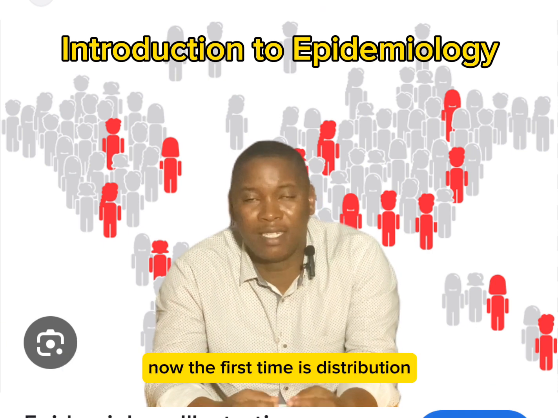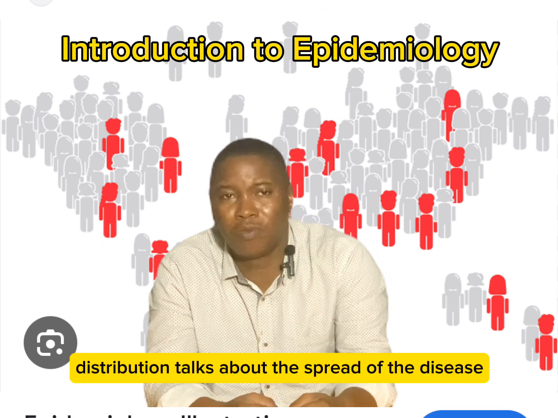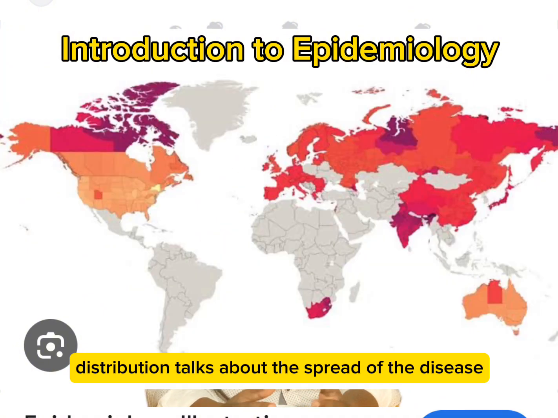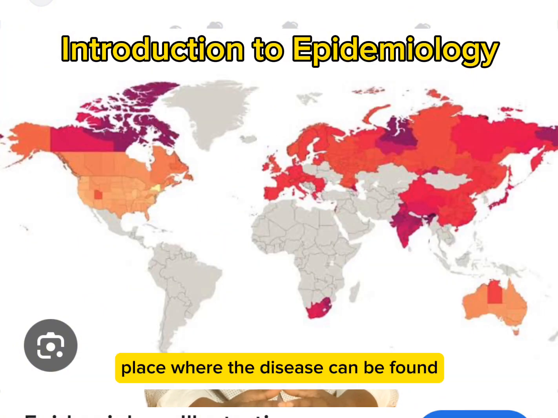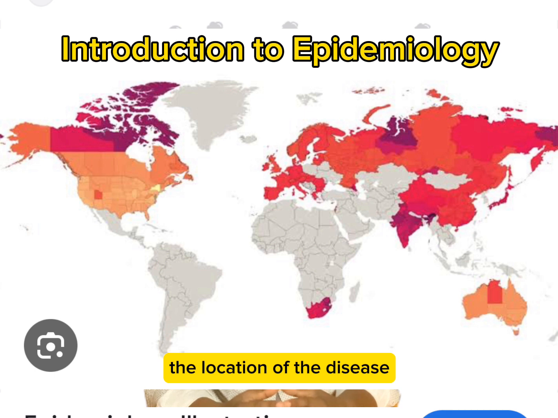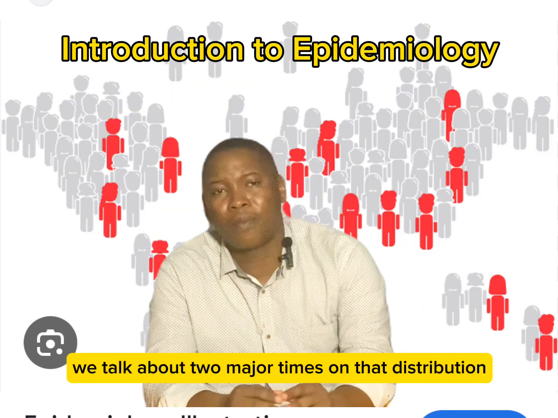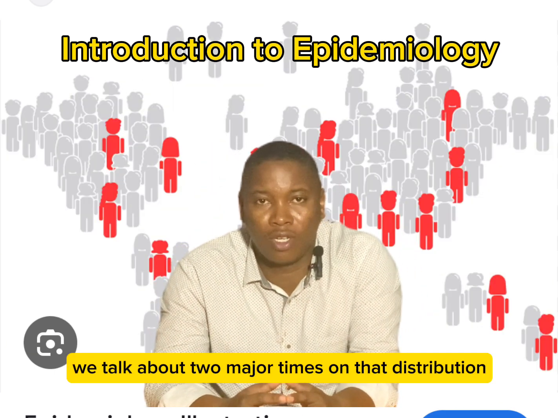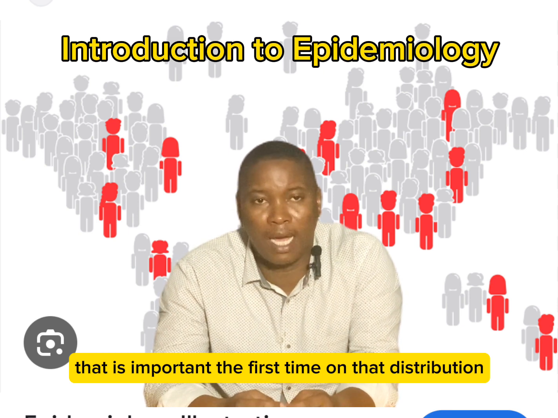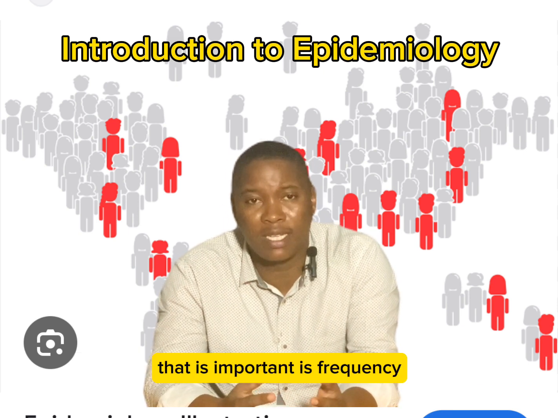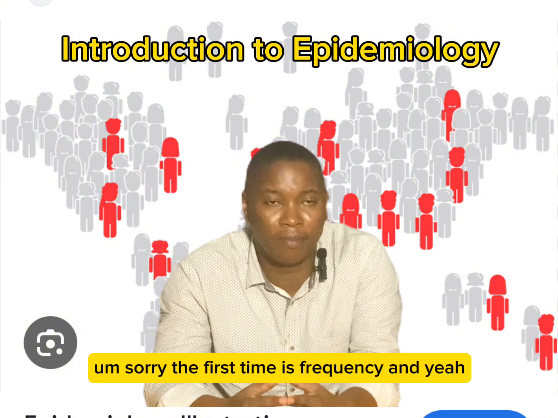Now, the first term is distribution. What's distribution? Distribution talks about the spread of a disease, the place where the disease can be found, the location of the disease. When we talk about distribution, we talk about two major terms under it that are important.